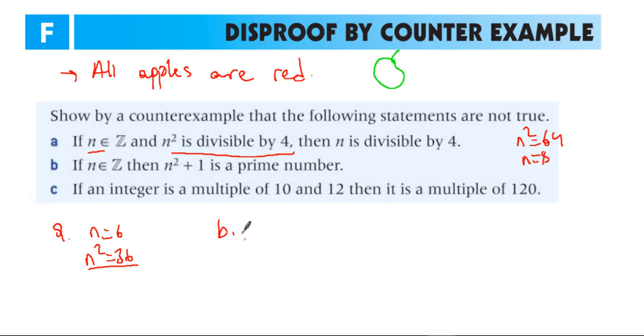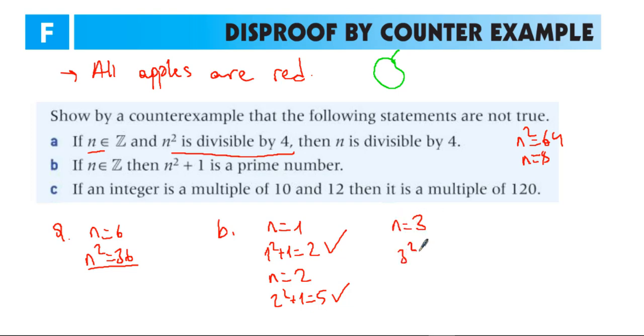For B: if n is an integer, then n squared plus 1 is a prime number. Looks good. Let's say n equals 1: 1 squared plus 1 equals 2, which is prime. Correct. If n equals 2, 2 squared plus 1 equals 5, which is also prime. But if I go with n equals 3, 3 squared plus 1 equals 10.